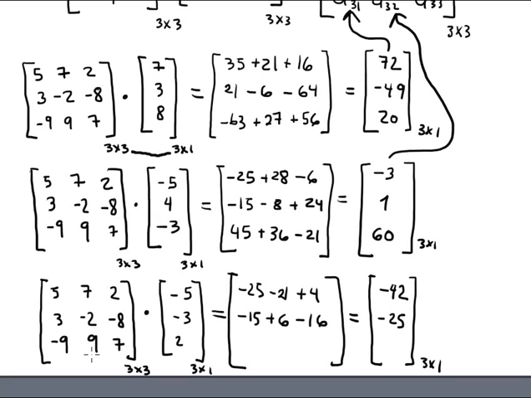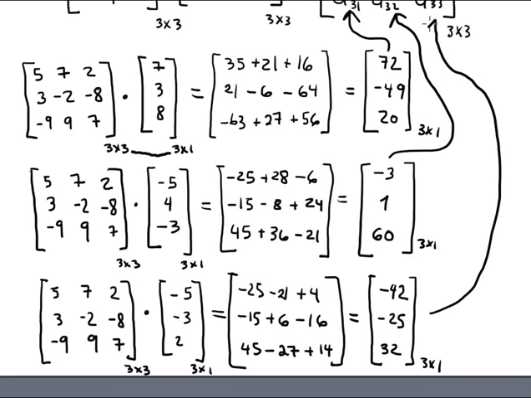And finally, multiplication is 45 positive. This is negative 27. And this is 14. And the answer is 32. And this is the last column of the matrix.